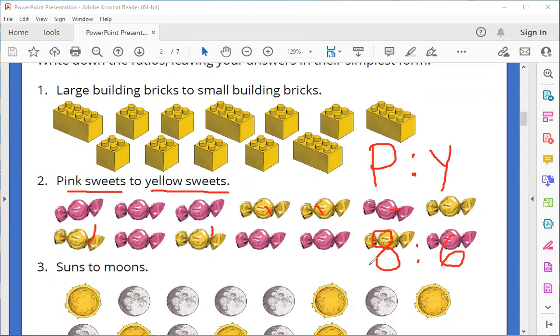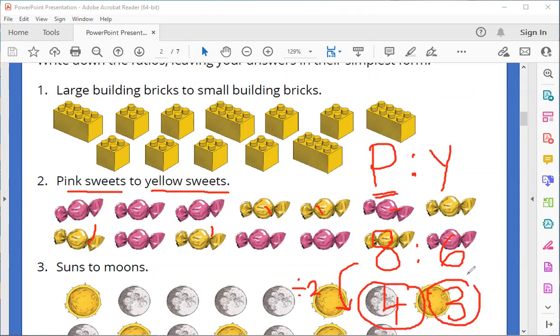So you can first read this as 8 to 6 and then simplify it by dividing by 2 on both sides of the ratio. So this will become 4 and this will become 3. In other words, there are 4 parts of pink sweets to 3 parts of yellow sweets.